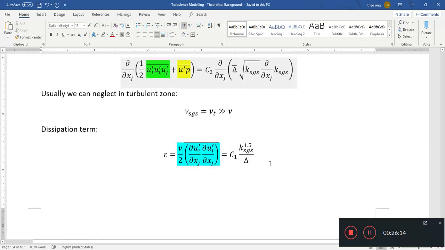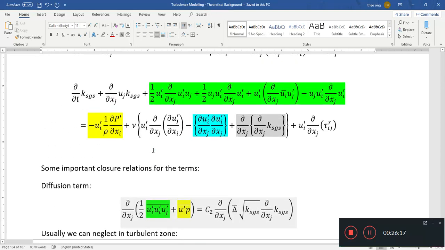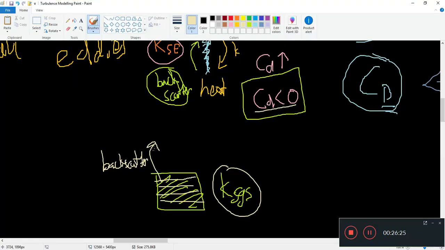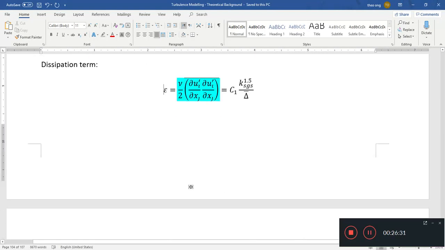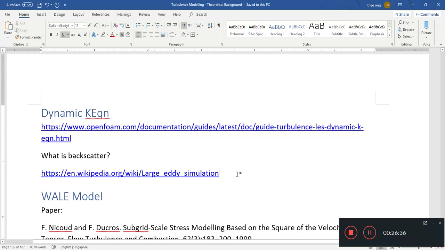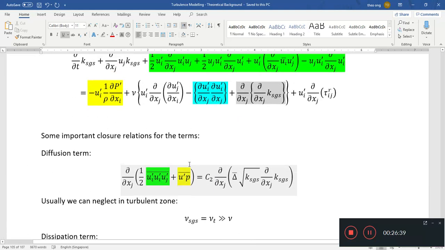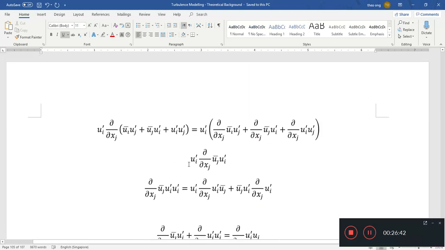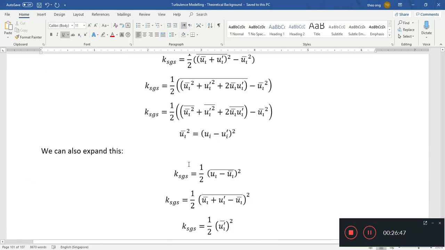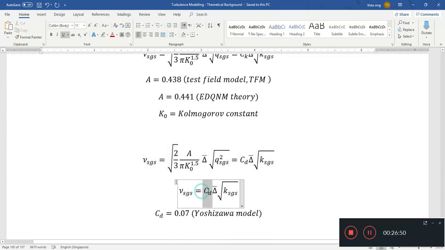The K-equation is just here to keep track of this subgrid scale kinetic energy and to make sure that you don't have an indefinite backscatter, which would give a very non-physical result. Dynamic K-equation is probably just the K-equation. The main thing is that CD in this formula is not constant as in the Yoshizawa model.